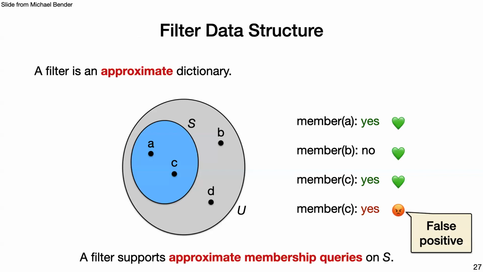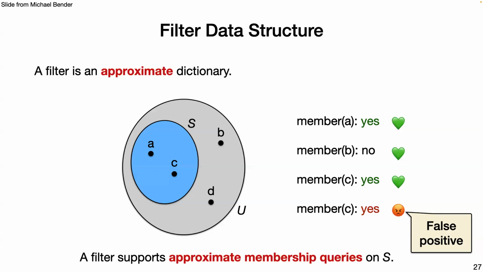A filter is this other class of data structure. It maintains an approximate dictionary. So suppose that the filter is on the same set of elements here. A filter would say that A and C are members of your set, but a filter can have one-sided error.